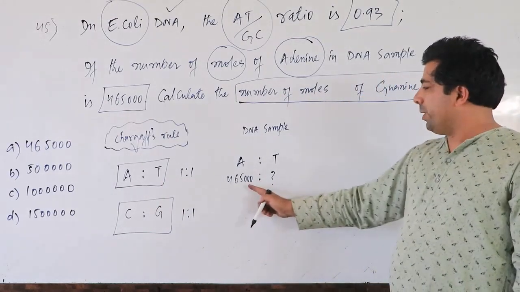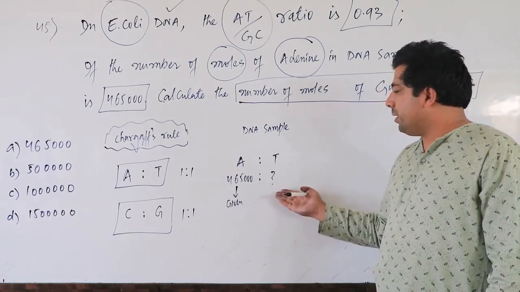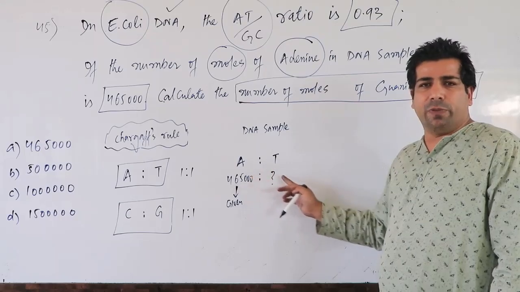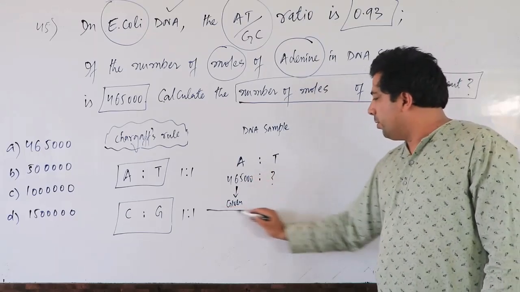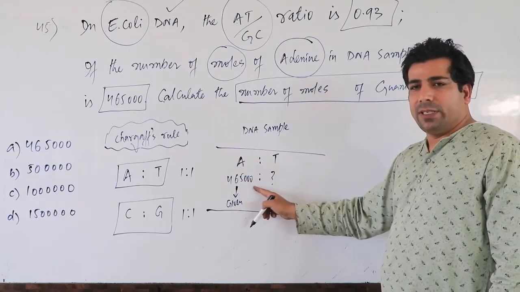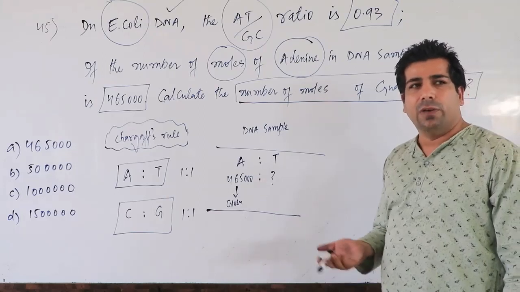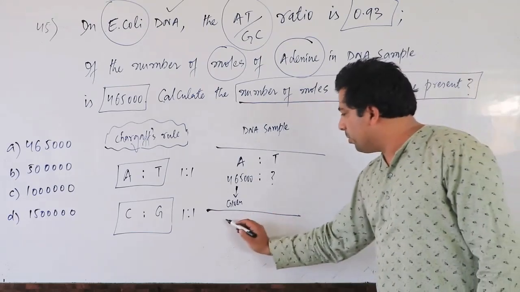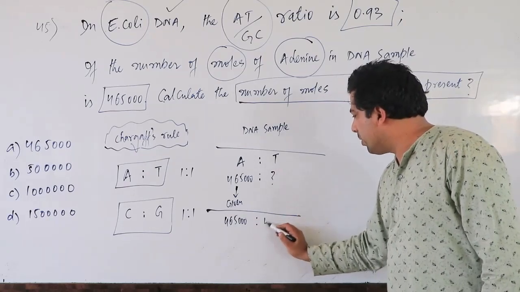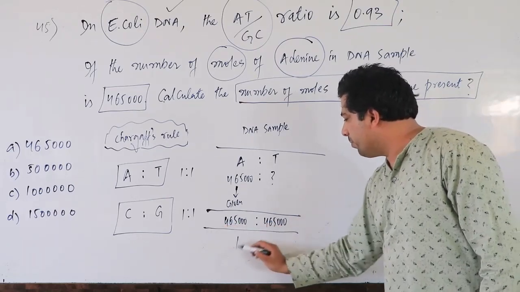So this thing is given to me. And this thing is also easy because the ratio should be 1:1. So when the ratio should be 1:1, then what will be this here? Obviously, if adenine is 4,65,000, then thymine should also be 4,65,000 to maintain which ratio? 1:1 ratio. So obviously you will have it, and this guy should be also, so that the overall ratio will be 1:1.